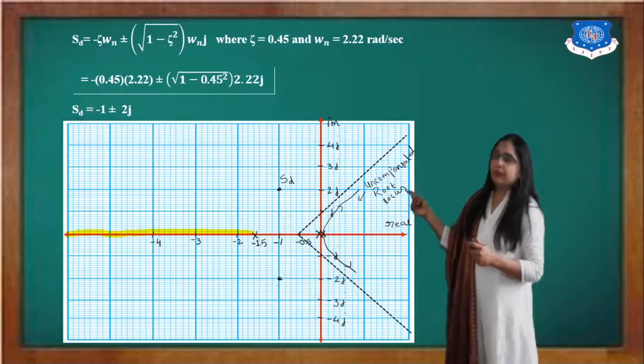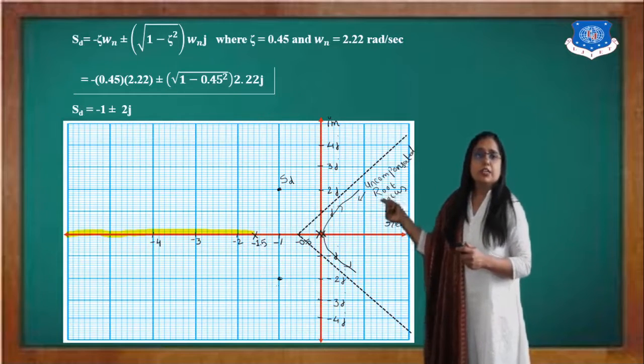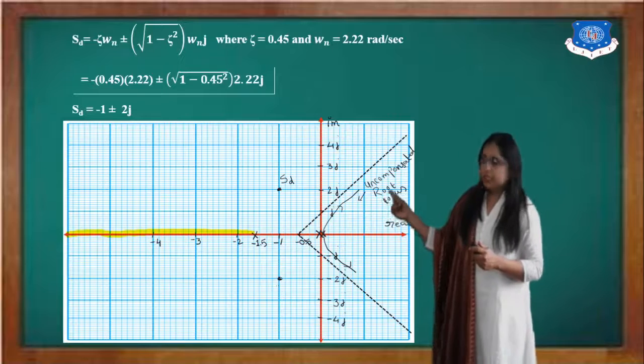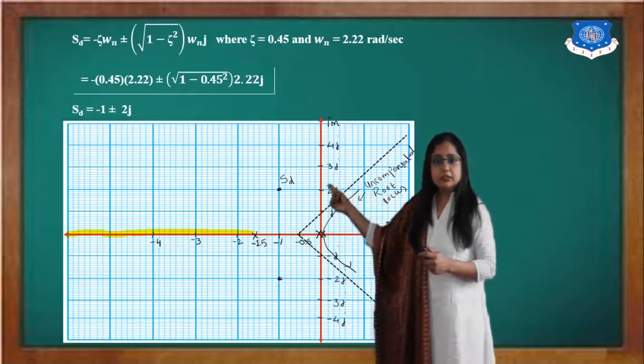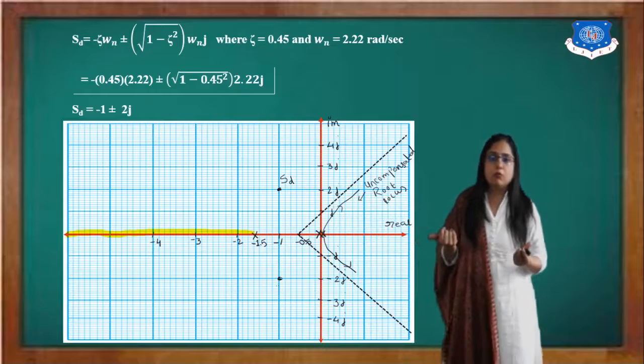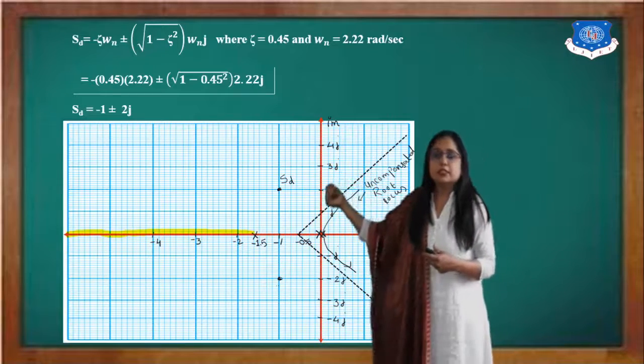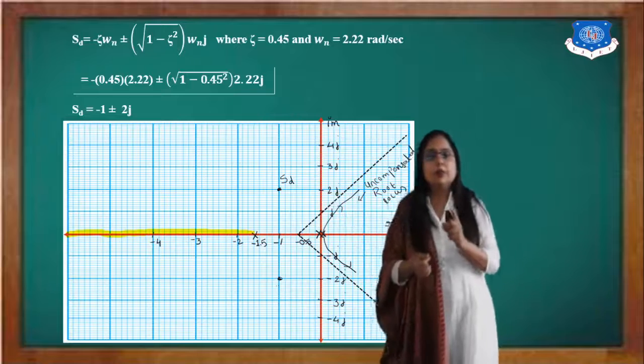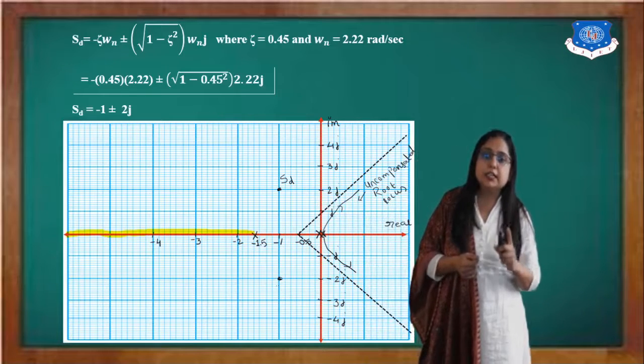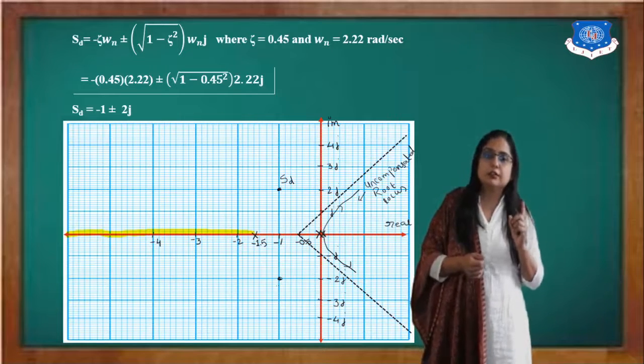Here you just see carefully your uncompensated root locus. Does it pass through SD? The answer is no, because my uncompensated root locus does not pass through SD. So you have to apply the phase lead compensator.